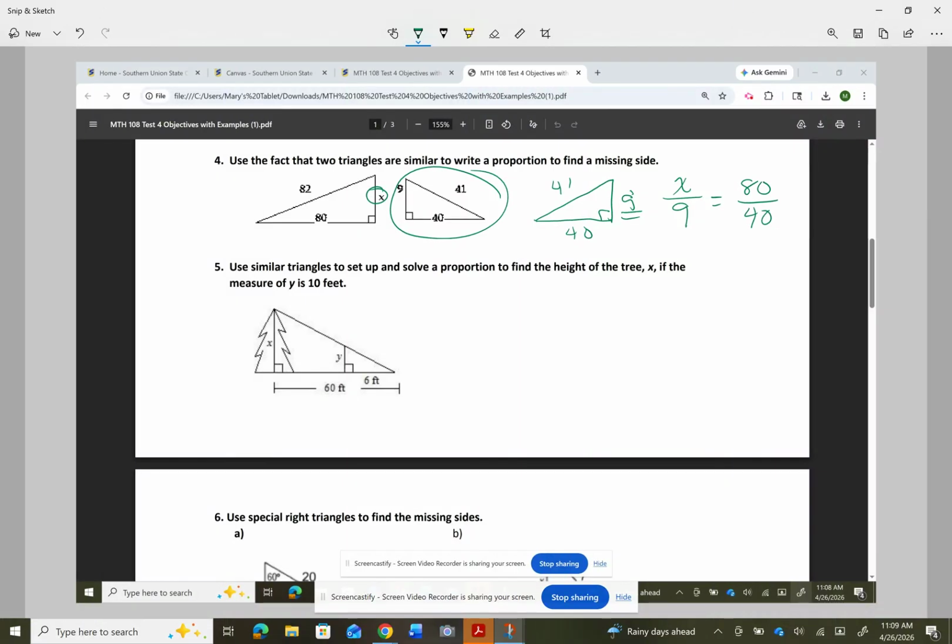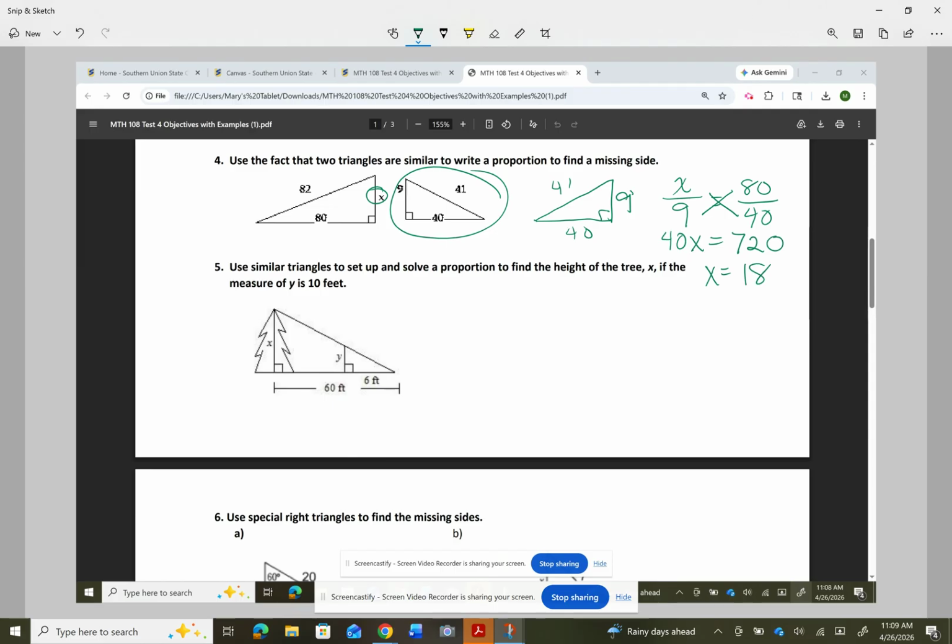Now notice that 80 to 40 is a 2-to-1 ratio. That means all the sides have to be in a 2-to-1 ratio. This one's hard to see now. I'm going to erase it and put the 9 on there again. Okay, so watch when I use the usual process, which is to cross multiply. So multiply 40 times x and 80 times 9, then divide by 40.